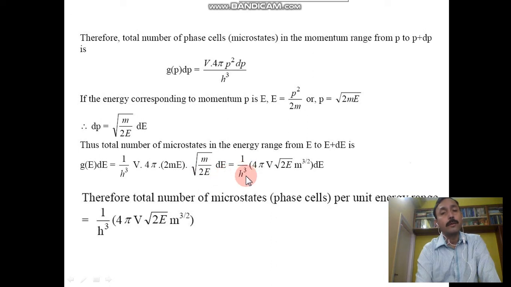So it becomes 1 by h cubed, 4 pi V root over 2E, m to the power 3 by 2, dE. Therefore the total number of microstates per unit energy range is 1 by h cubed, 4 pi V root over 2E, m to the power 3 by 2.